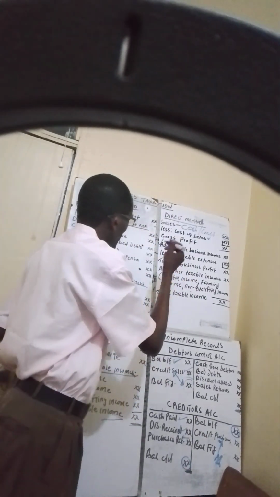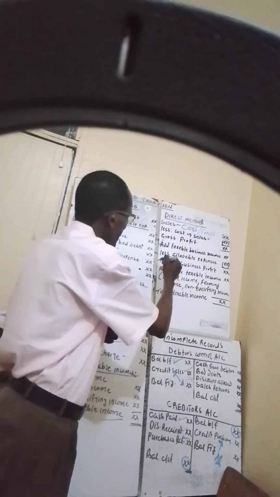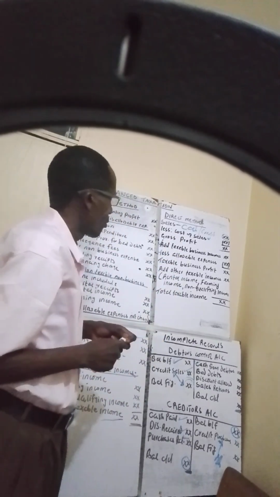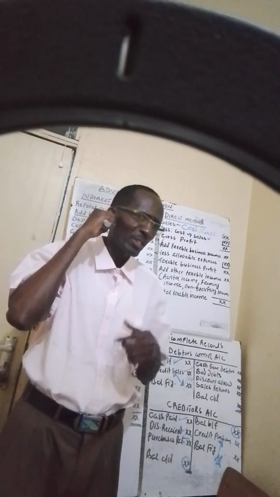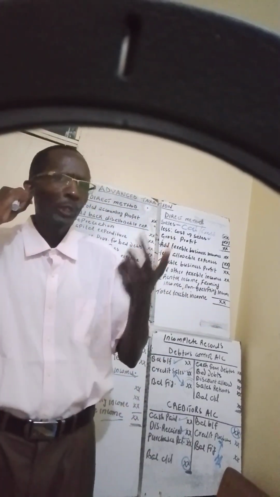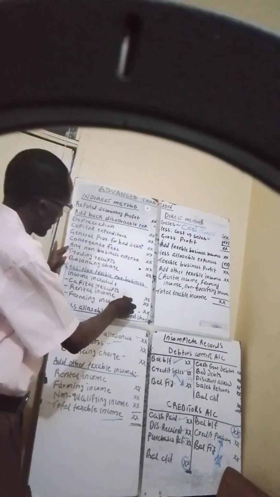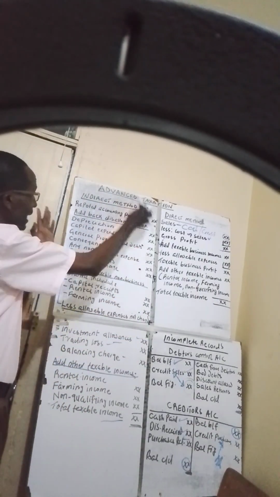Then the next thing that you do to your gross profit is you less all allowable expenses. Expenses which are allowable. Expenses which should not be taxed. So that when you less the allowable expenses alone, you are left with disallowable expenses. That's the reason. You can see the difference here with the first method, indirect method.